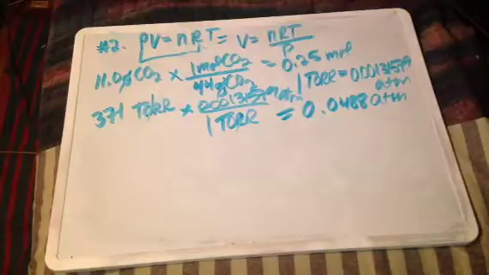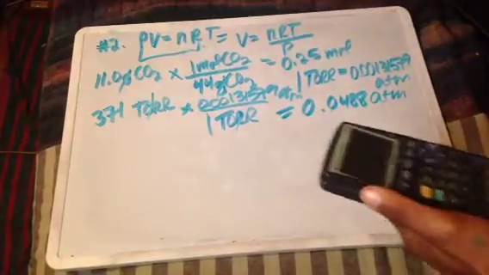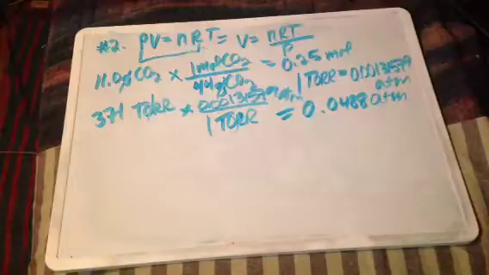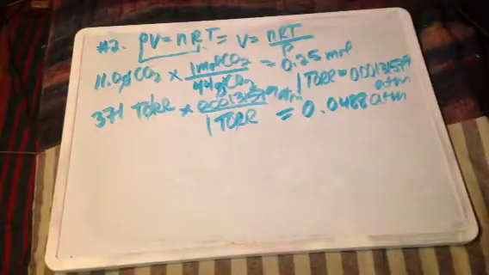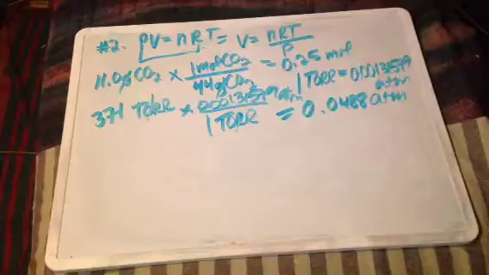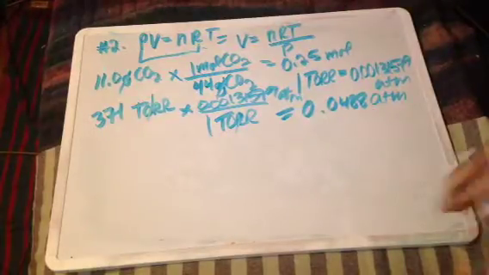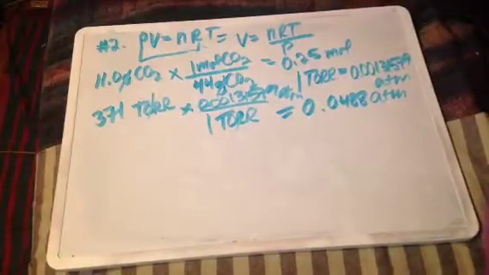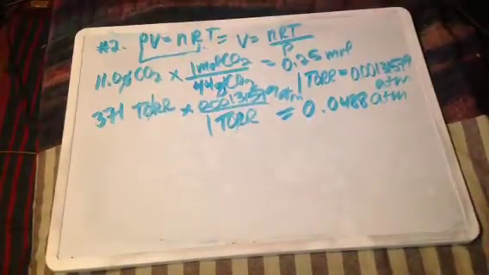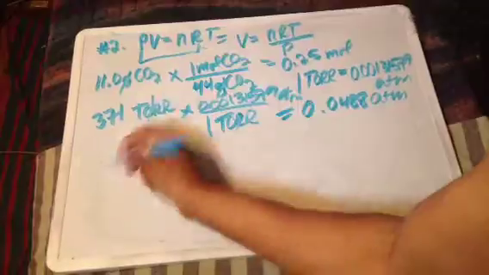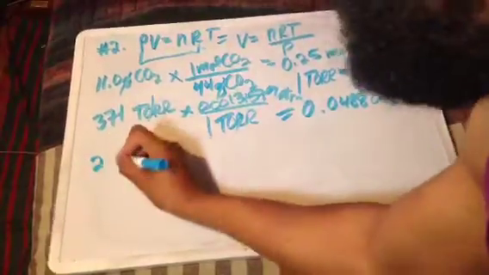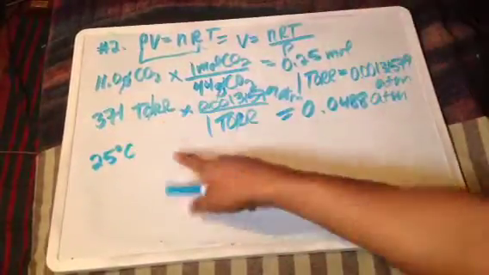Then we know that we have our temperature, and as we talked about during our last session, temperature has to be converted into kelvins. That is the only way that you can use temperature. You cannot use temperature in its Celsius form. It has to be converted into kelvins. So for this problem, we have 25 degrees Celsius.